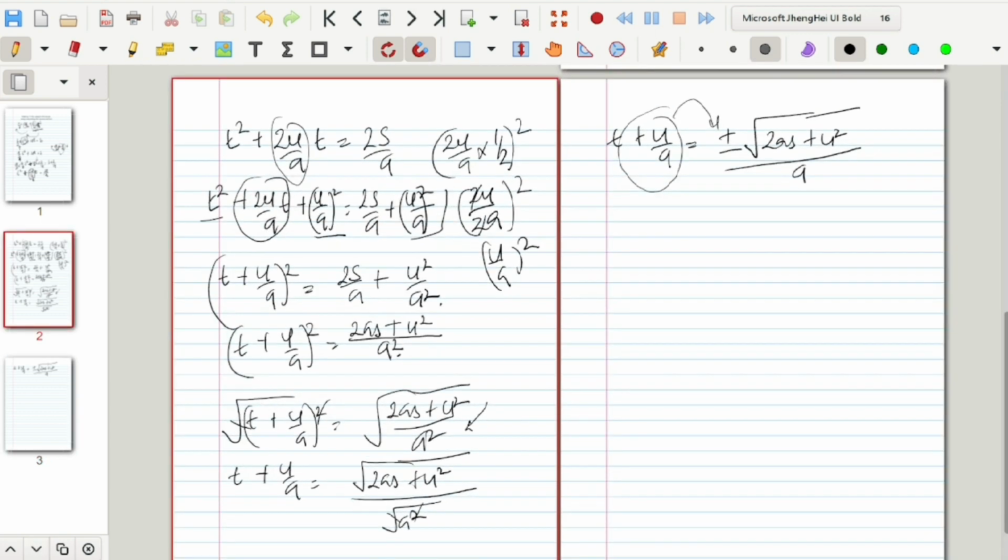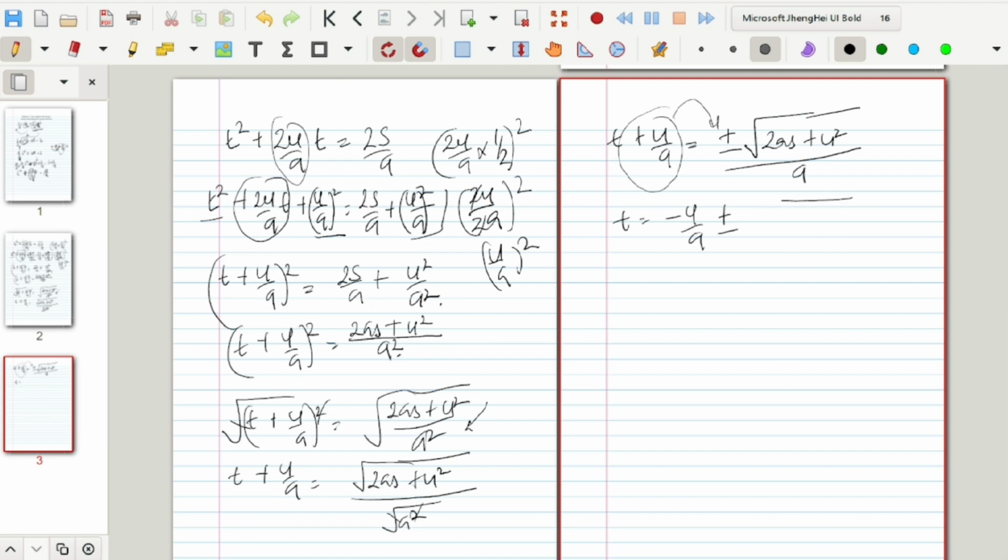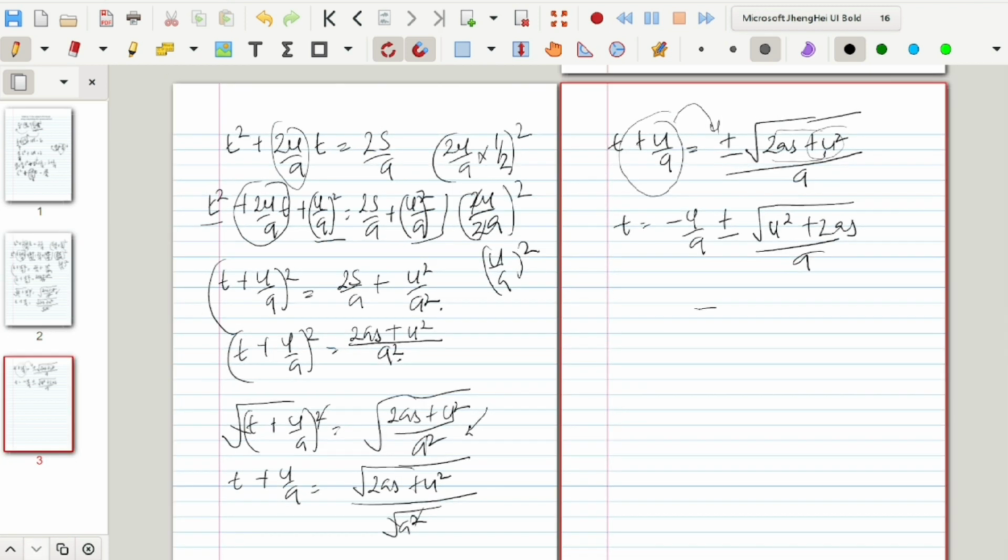The next step says take this to the other side. So it will be t equals minus u over a plus or minus the square root of, now you can rearrange this if you like, since they are linked by plus. You can leave it as u squared plus 2as over a. Then you find the LCM. The LCM is a.